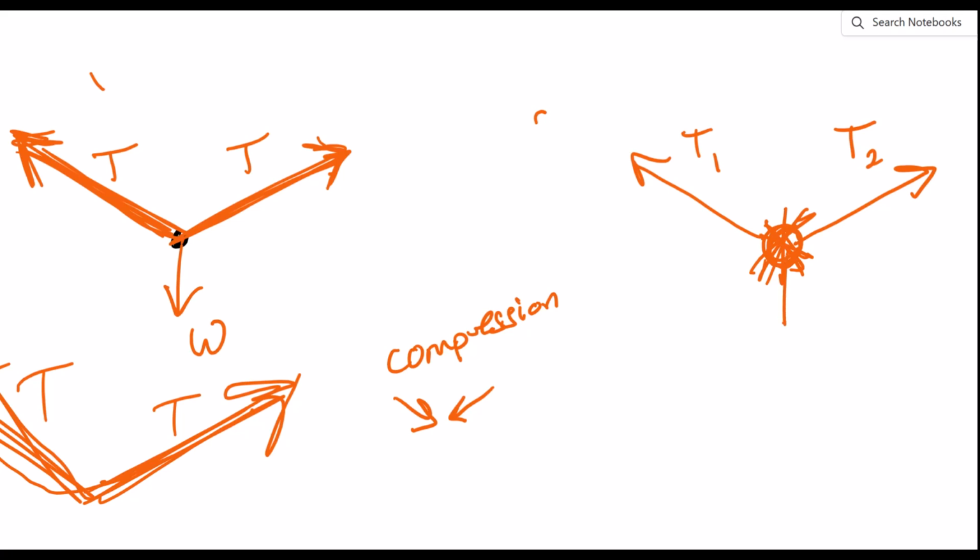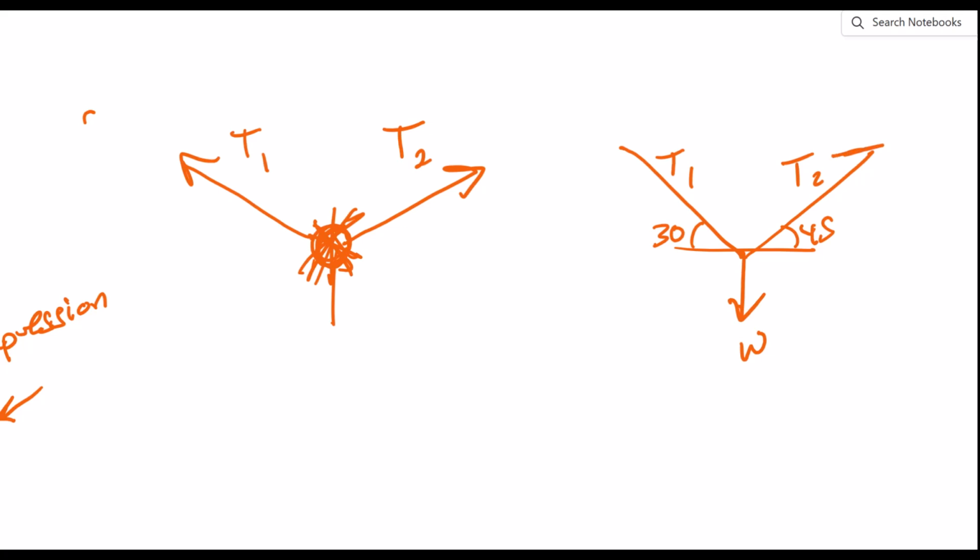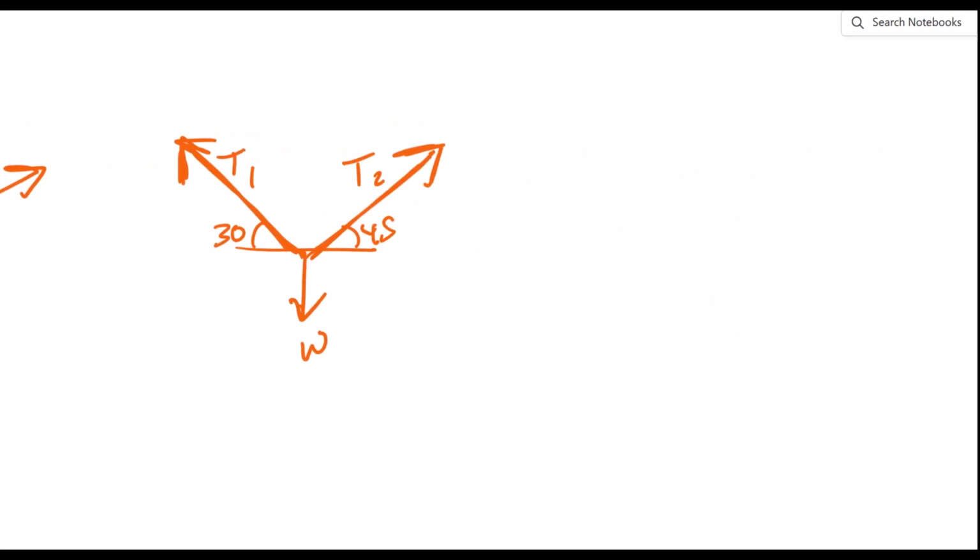Does that kind of make sense? So like, your standard problem is, I have a light suspended by two ropes, so T1 and T2, and then I have a weight, and you find out what the weights and the tensions are, and usually these are two different angles. You would draw your free body diagram, okay, these are two tensions, they're pointing out, I need the sum of the forces in the x and the y directions to stay constant.